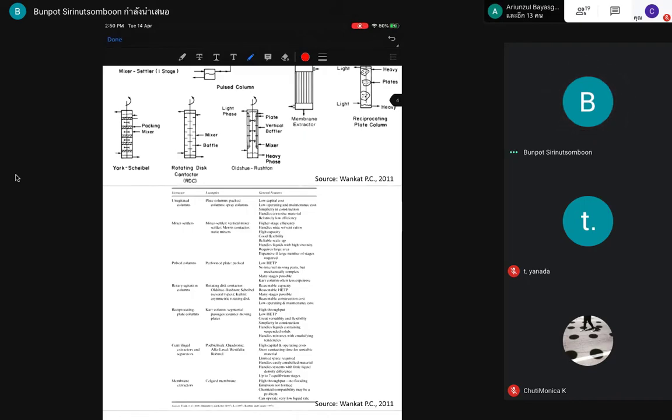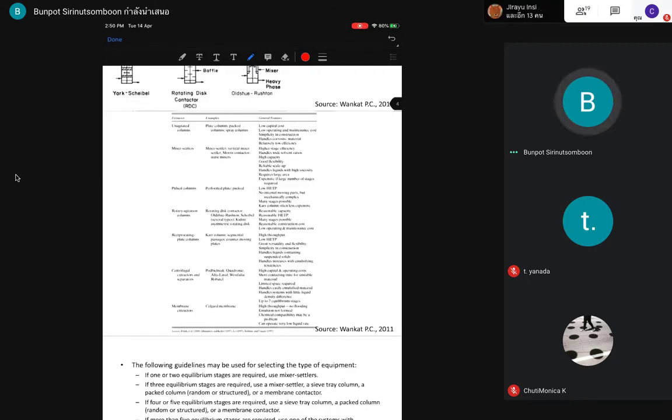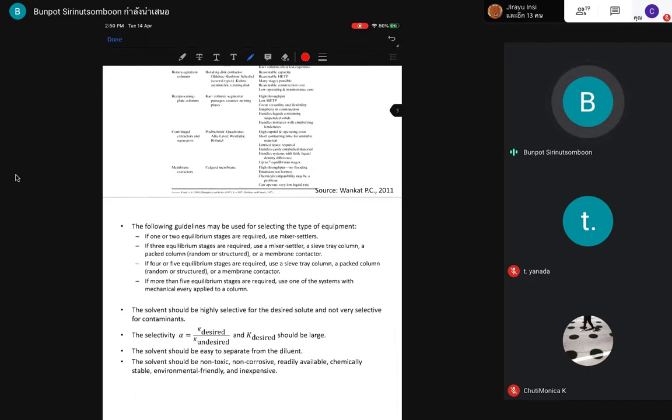It also depends on how many equilibrium stages are required for your process. If your process only requires a few equilibrium stages, maybe a simple one like a mixer-settler can be used.